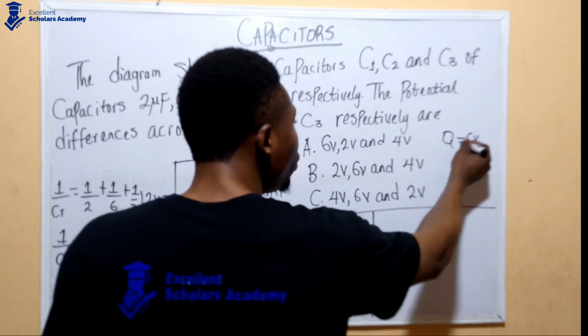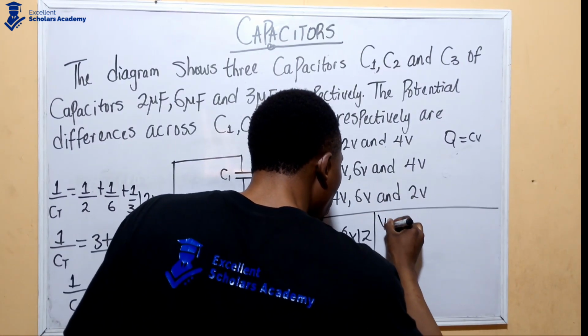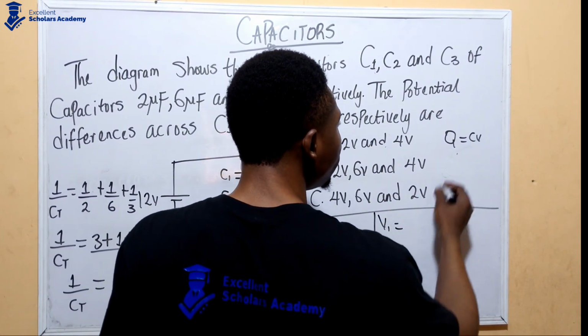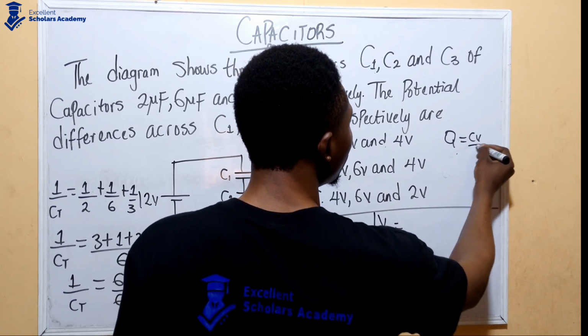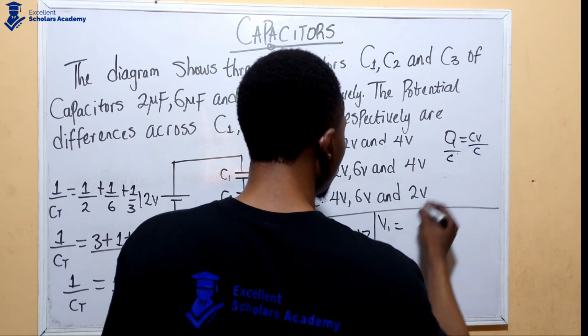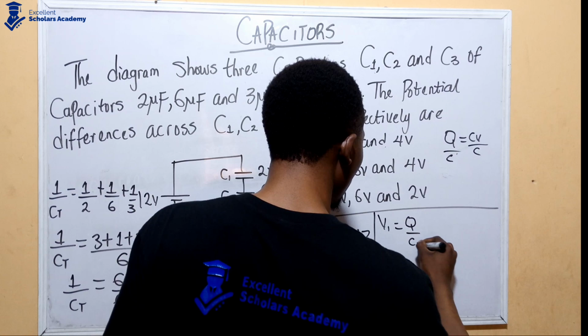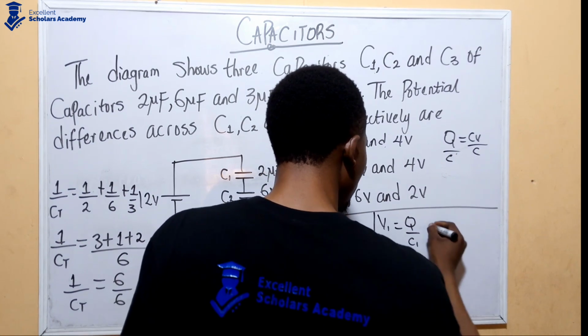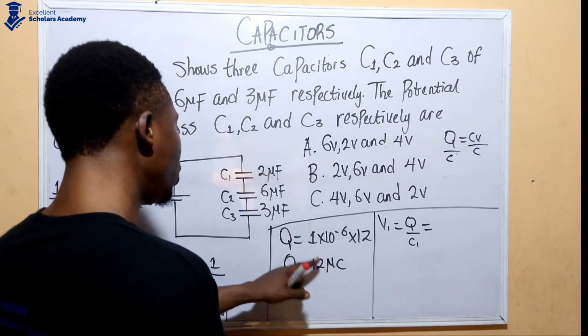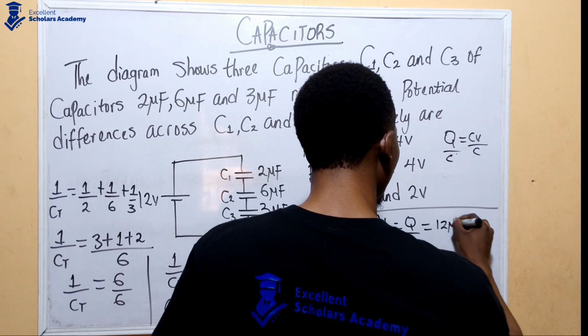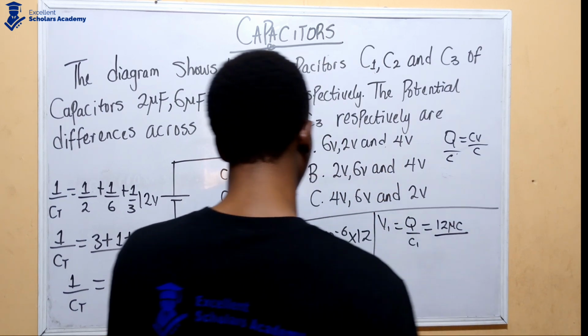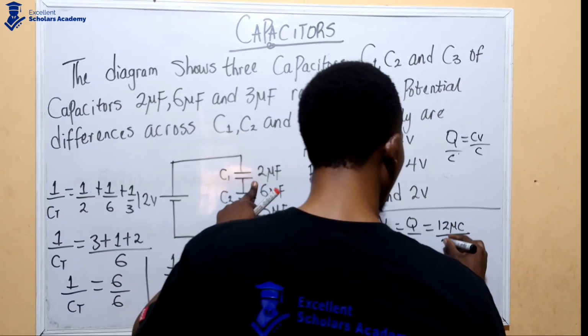Following the same formula, V1 is going to be equal to Q over C1, dividing both sides by C. So that's 12 microcoulombs divided by C1, which is 2 microfarad.